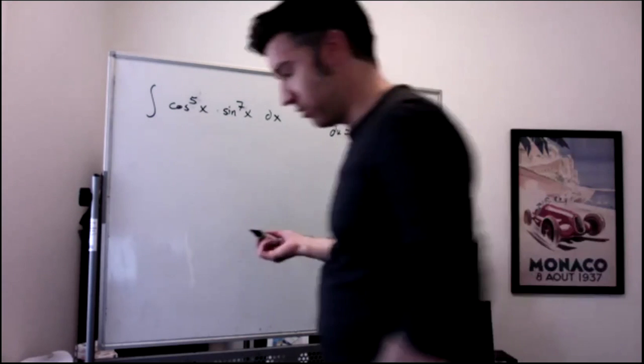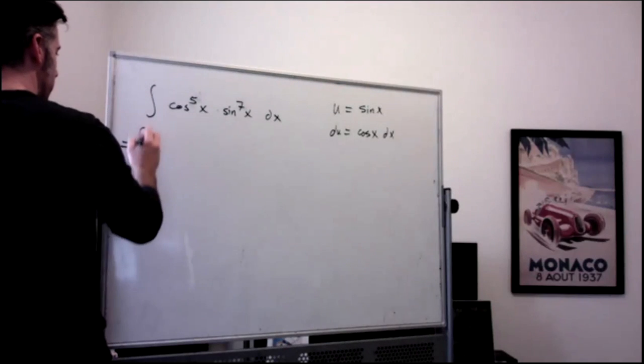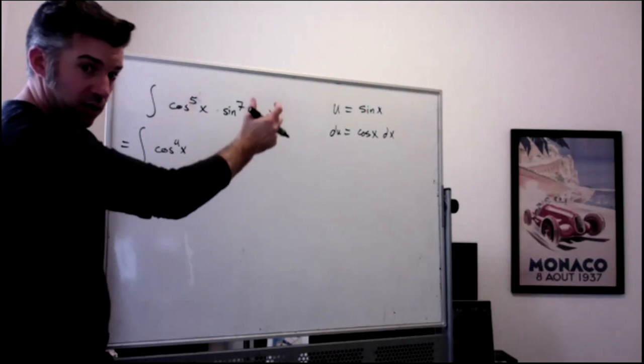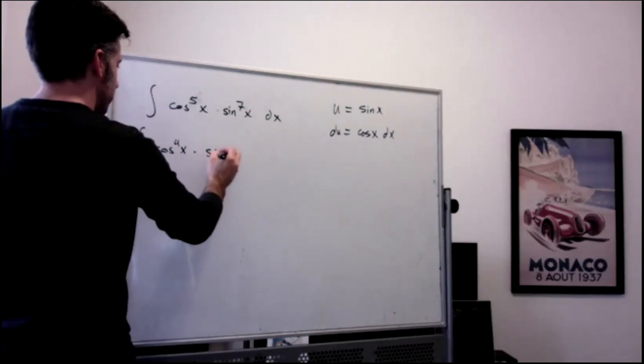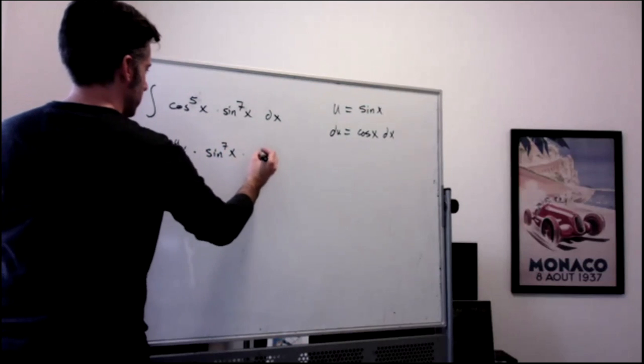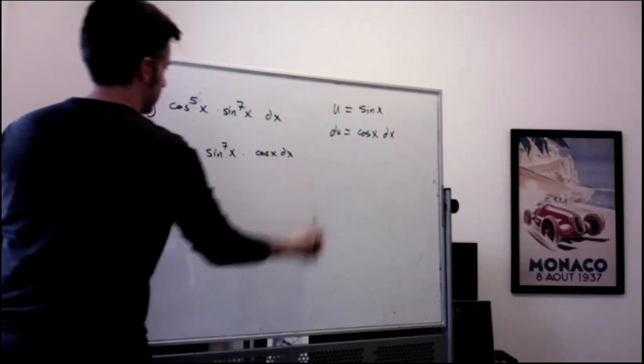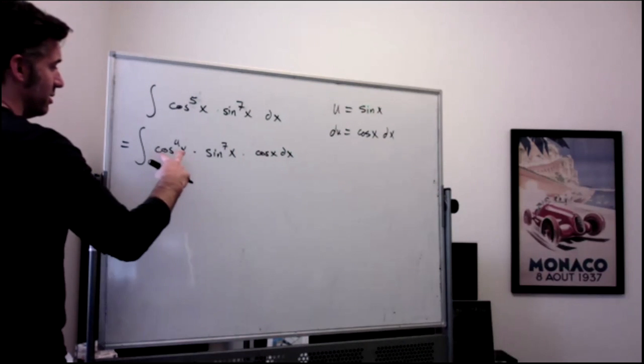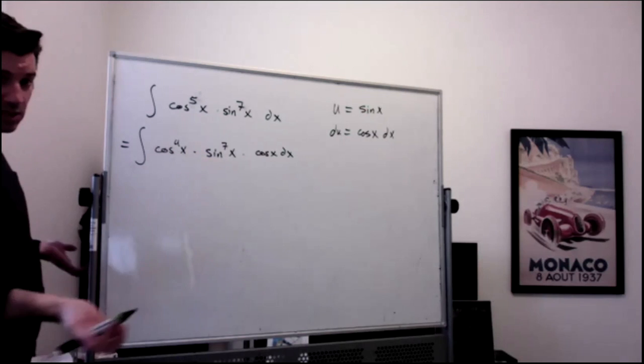So here's what I'm going to do. I'm going to rewrite this. This is going to be cosine to the fourth x, breaking off one of the cosines, times sine to the seventh x, times cosine of x dx. Sine to the seventh is going to be u to the seventh.